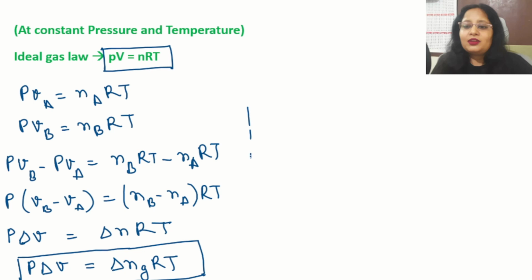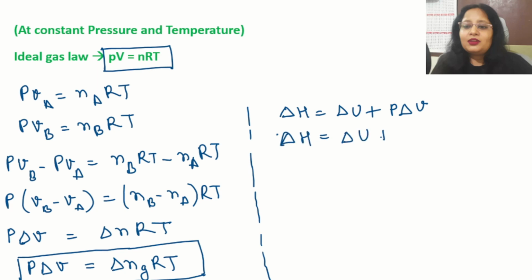Now let's substitute the value of P delta V in our enthalpy equation. Delta H is equal to delta U plus P delta V. We already got this. So we can write delta H is equal to delta U plus delta nG RT.